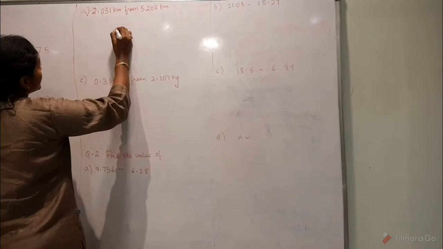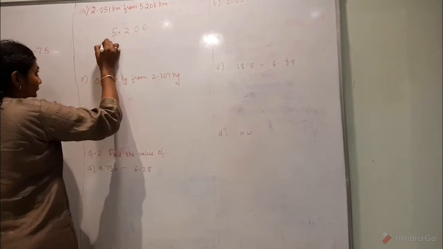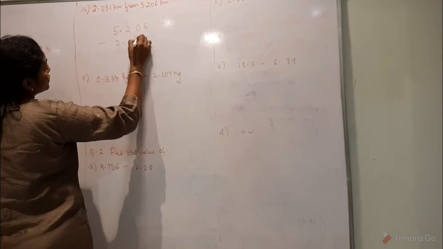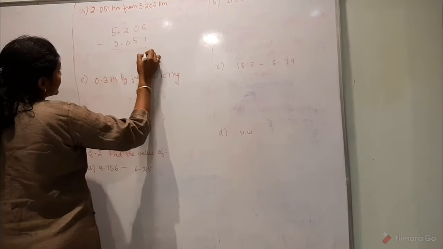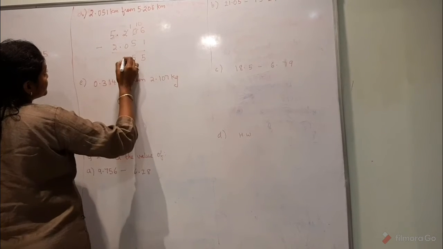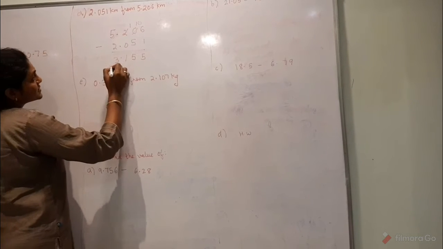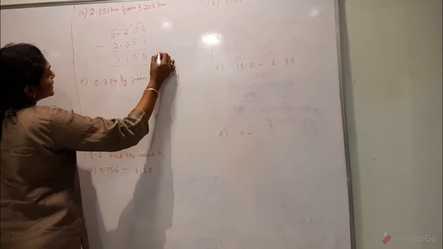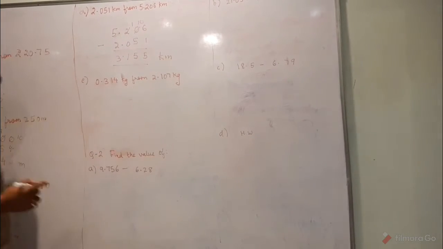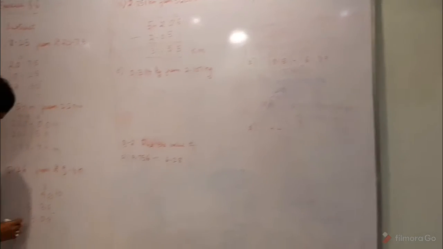So after "from" whatever is given, write it minus 2.051, subtract it, 10, 5, 1, this is 3. So here it is 3.155 kilometer.